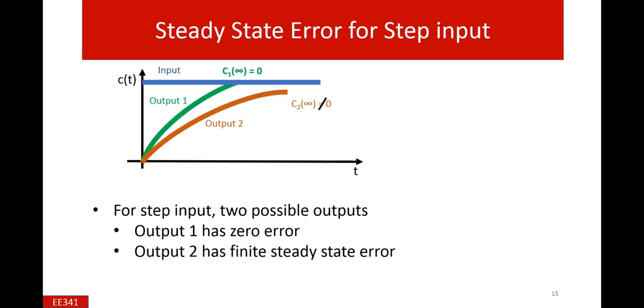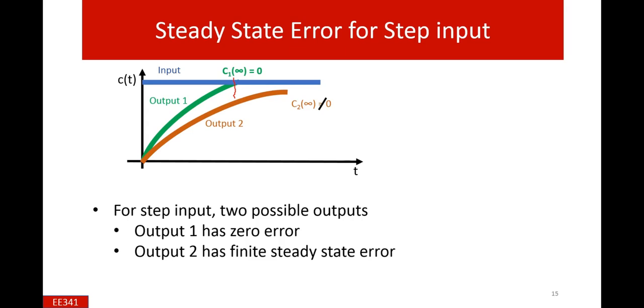For example, at this point, we see that input and output are coinciding, which means there is no difference between the step input and the green type of output.